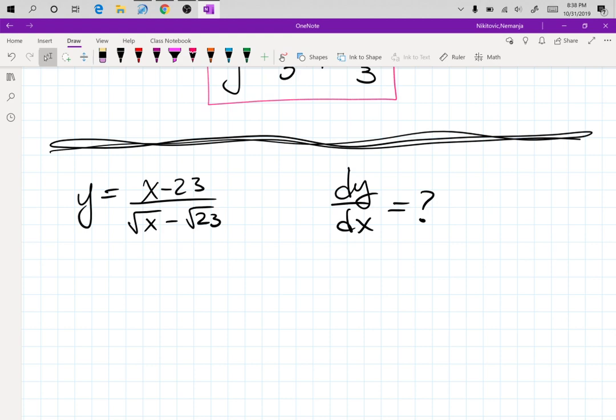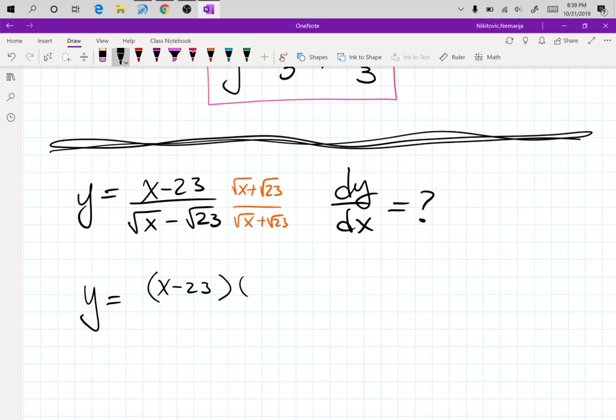Yeah. So we'll multiply by root x plus root 23 over root x plus root 23, which would give us x minus 23 times root x plus root 23 divided by, and this is difference of squares, it just becomes x minus 23.